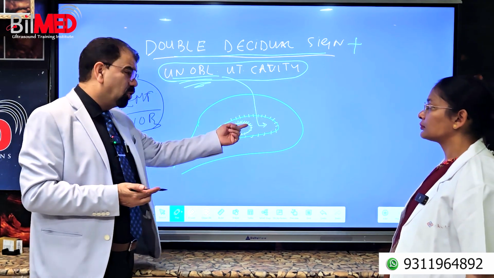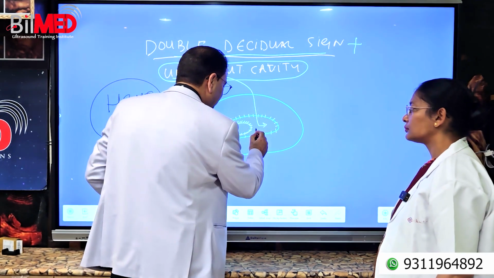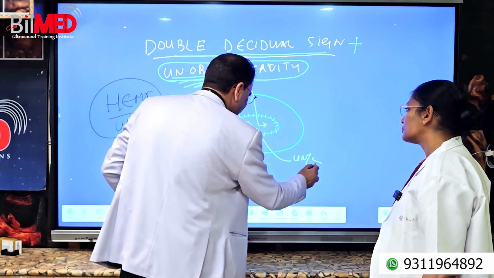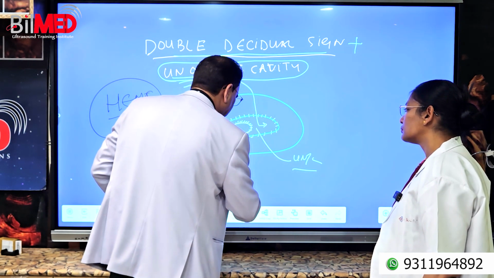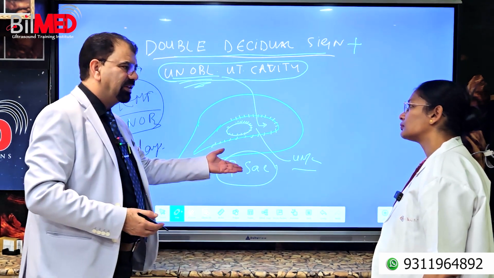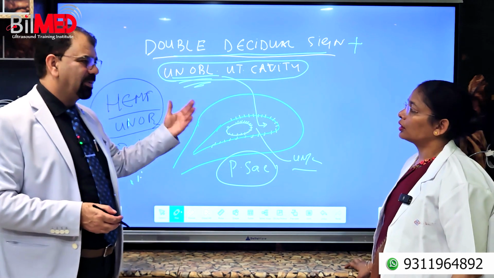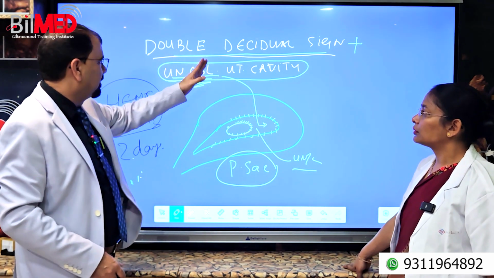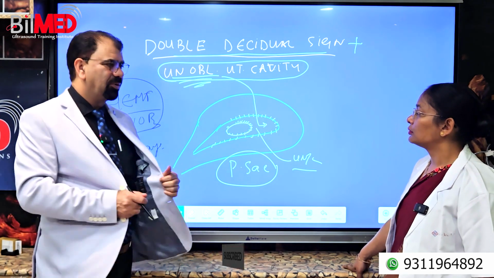Now, see how important this unobliterated uterine cavity is. If you don't see it, that can be a pseudosac, which means you may be dealing with an ectopic pregnancy, which we will discuss some other day. So today, I tried to simplify the double decidual sign and the unobliterated uterine cavity.